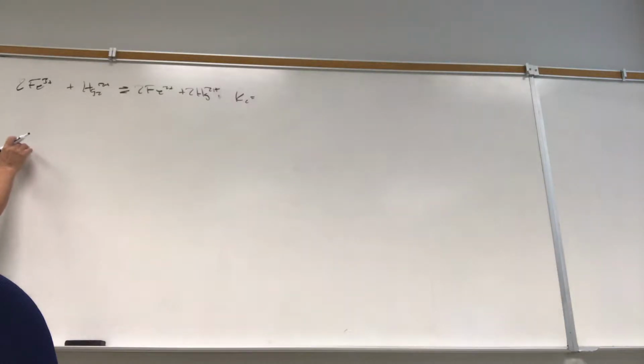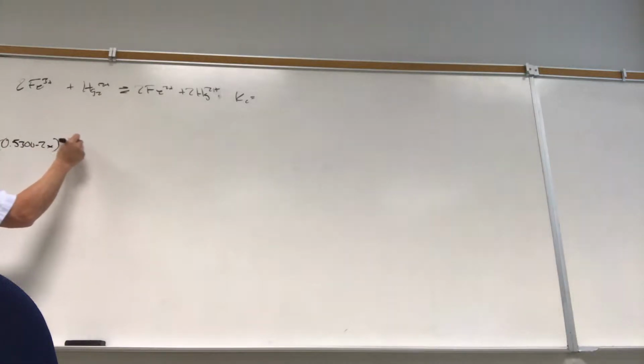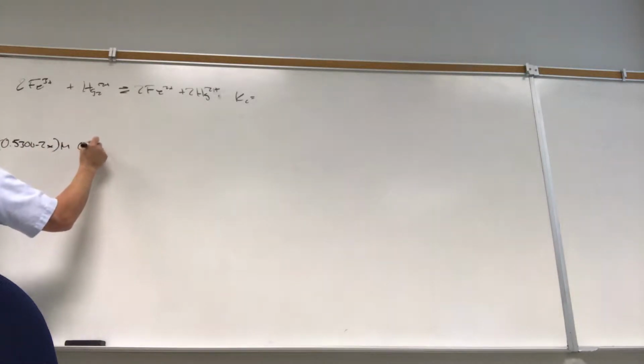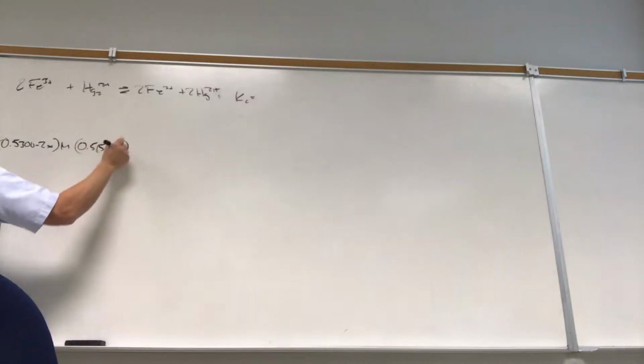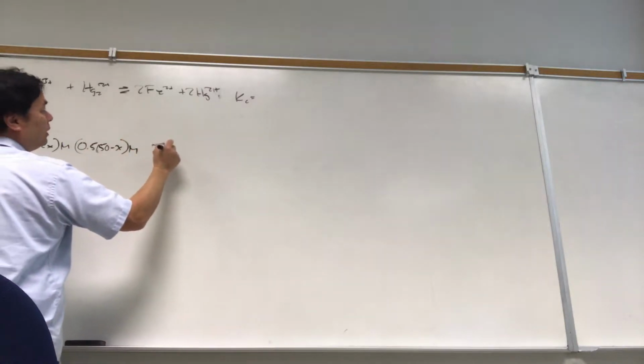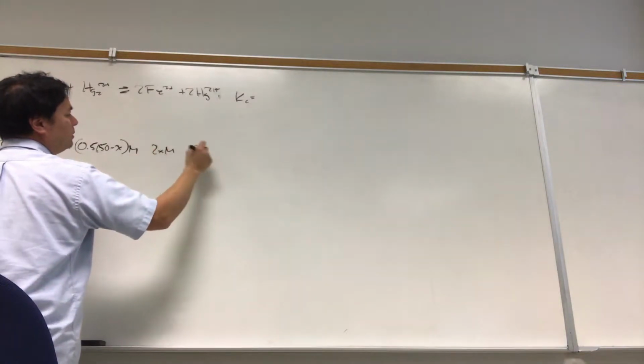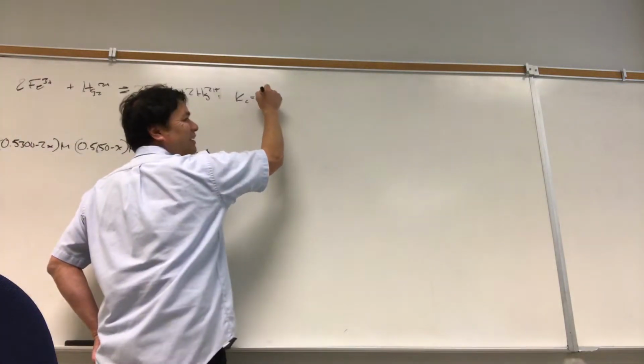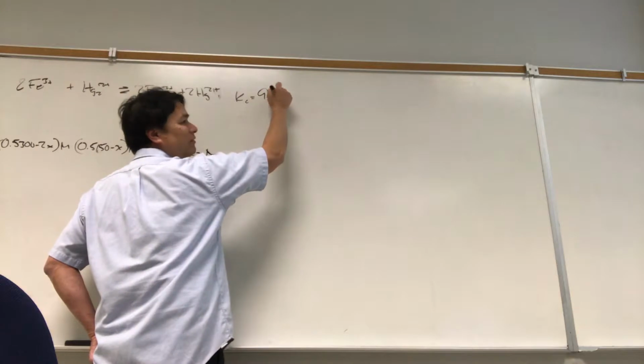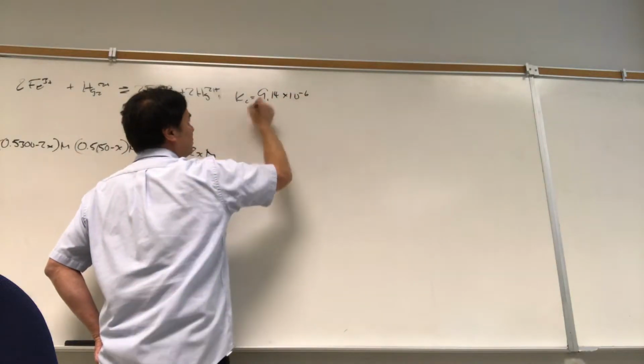So what was the bottom line? This was 0.5300 minus 2x molar, and 0.5150 minus x molar, and 2x molar. And so we know the Kc is 9.14 times 10 to the minus 6 is the ratio.